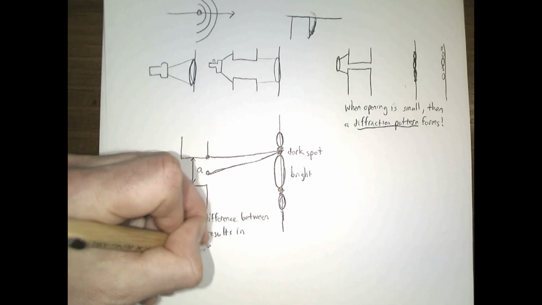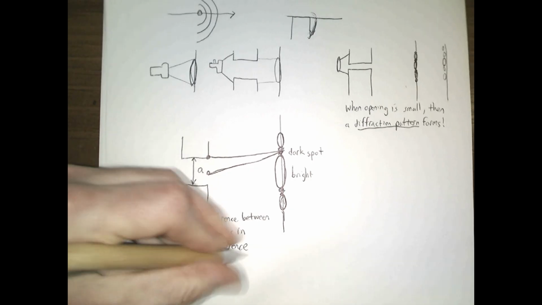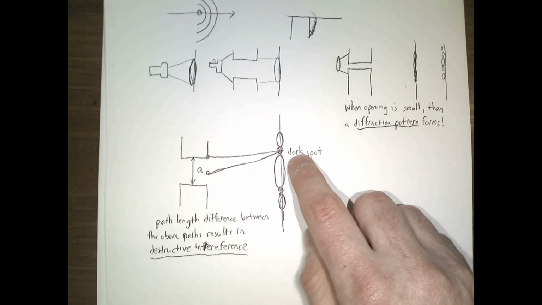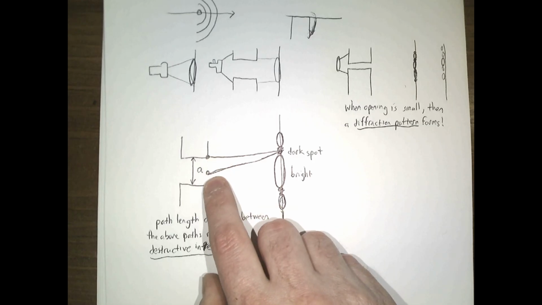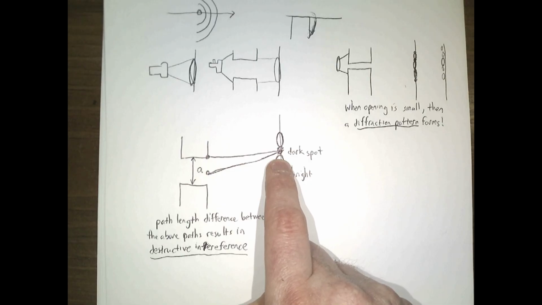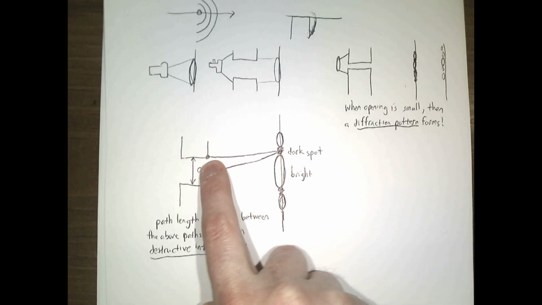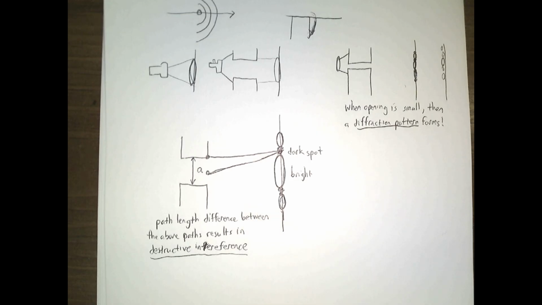In other words, those spots form because they are just the right distance from, say, the center of the slit and the edge of the slit, so that by the time the light that was here gets to the dark spot, and the time that the light at the edge gets to the dark spot, they are out of sync by exactly half a wave cycle.